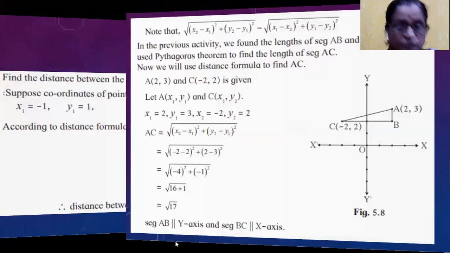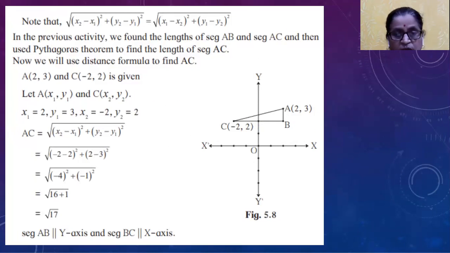Here we are using the x point, that is BC's, and filling the formula like that only: the square root of (x2 minus x1) bracket square plus (y2 minus y1) bracket square. We will get BC's length as 4.